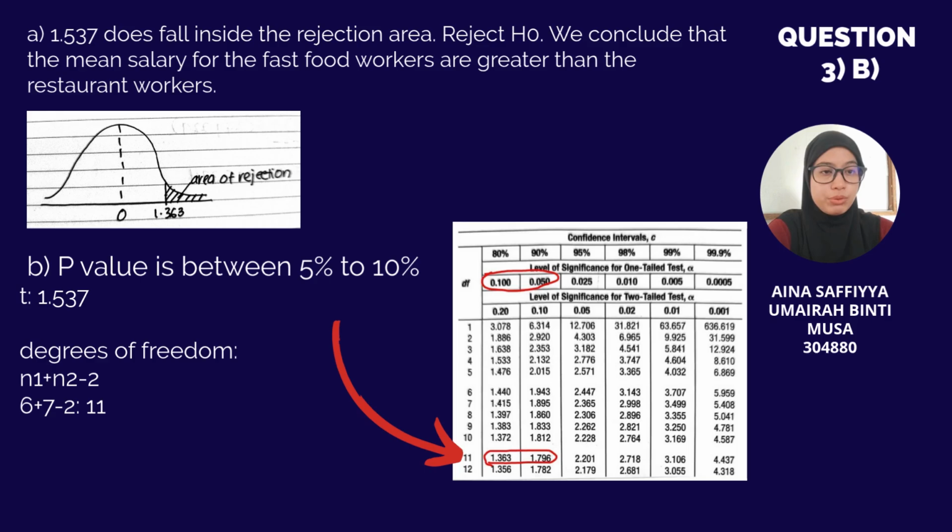So the t-value is between 1.363 and 1.796, which is under level of significance for one tail test 0.100 and 0.050. So the p-value is between 5% to 10%.